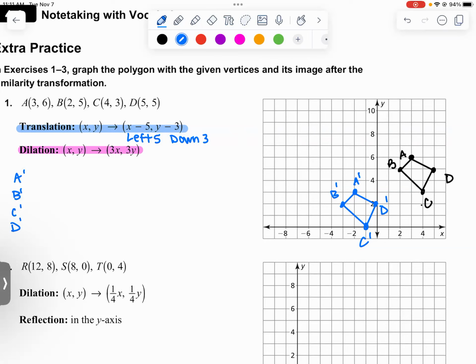So I'm gonna go ahead and just write down that our A prime is -2, 3. Our B prime is -3, 2. C prime is -1, 0. And D prime is 0, 2. That way it'll just be easier for us to multiply X by 3, multiply Y by 3.